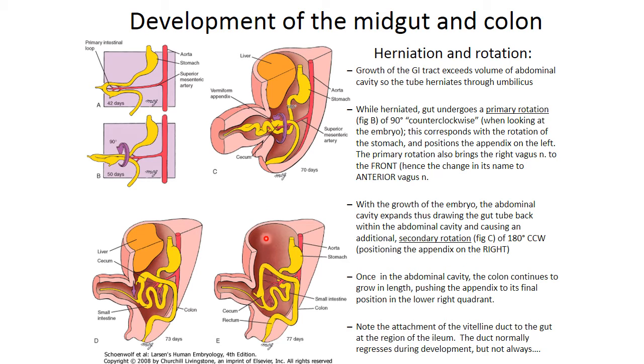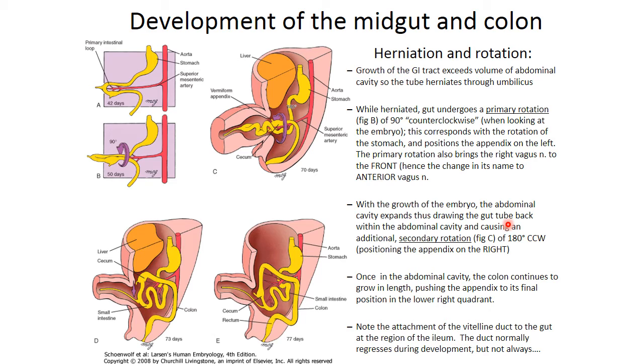Then this is a physiological herniation, and during that there is further growth of the midgut loop, and then this is going to retract back. So in this physiological herniation, there is again a 180-degree counterclockwise rotation, and then the gut tube retracts back to the abdominal cavity.